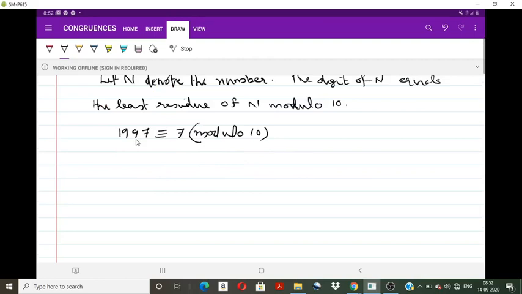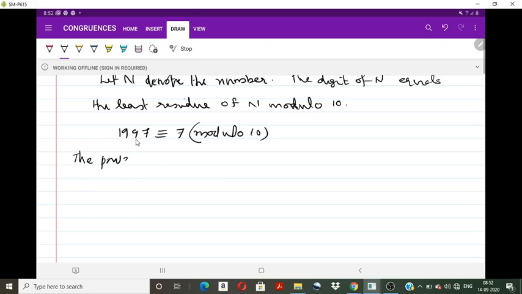So 1997 is congruent to 7 modulo 10. So for the last digit, instead of taking 1997, we can consider 7 and its powers. Now we will check the various powers of 7.